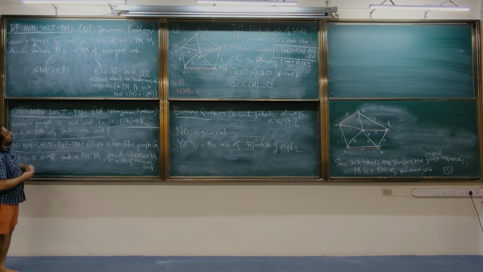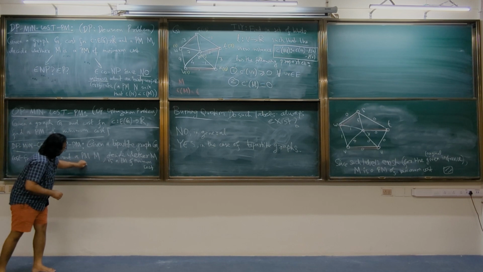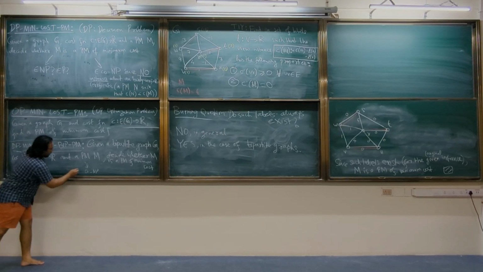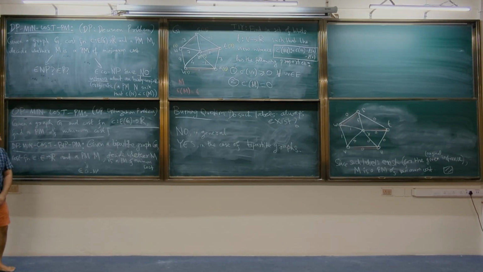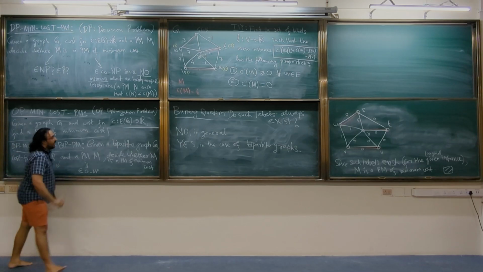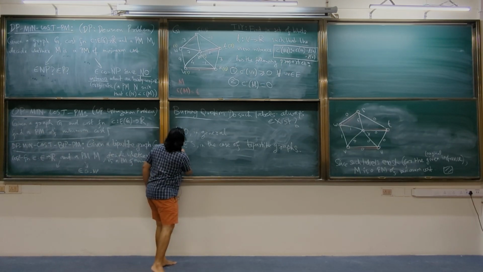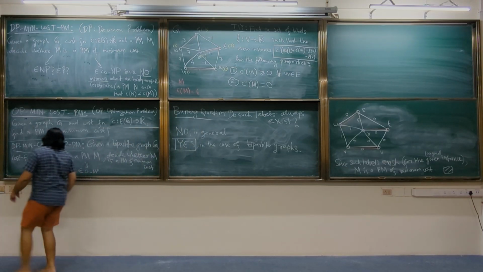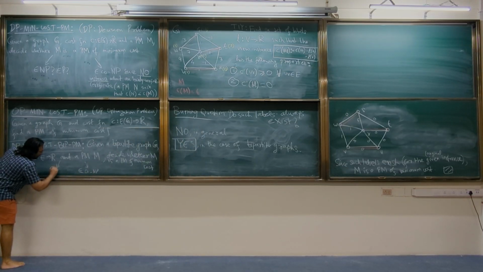So of course, by the previous discussion, this problem belongs to co-NP, because it belongs to co-NP for all graphs. But because of this answer, yes, in the case of bipartite graphs, this problem also belongs to NP.